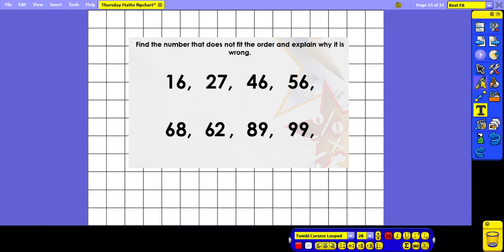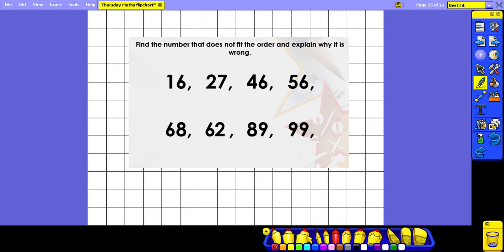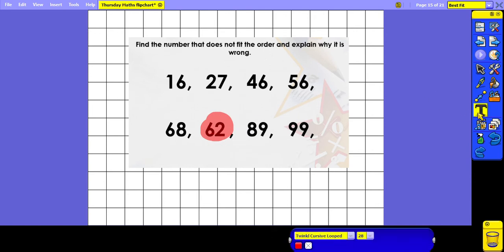However, if we look carefully, there is one number that doesn't fit the same pattern. As we move from 56 to 68, we then move from 68 to 62. And 62 is not greater than 68. It's less than. So the number that does not fit in the order is 62.